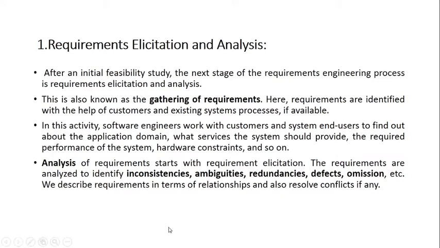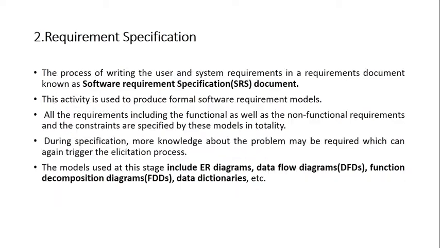These are a few things for which we analyze the collected requirements. Simply summarizing, we check for consistencies, ambiguities, redundancies, errors or defects, and incompleteness. Once you identify and eliminate these, then we say our requirements, as far as possible, we have collected and identified the correct requirements.